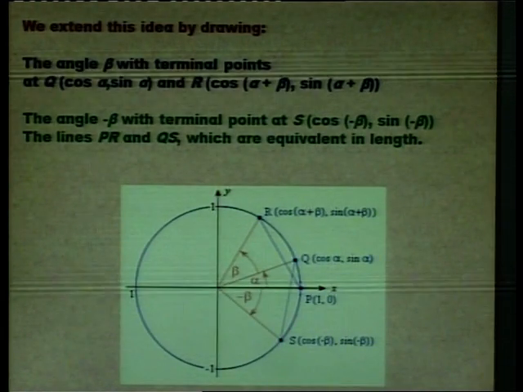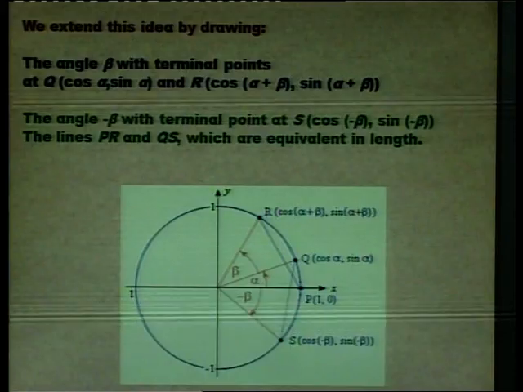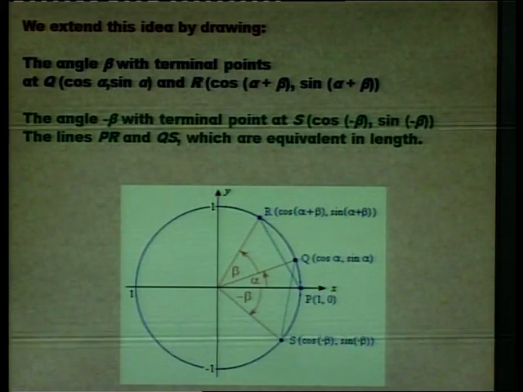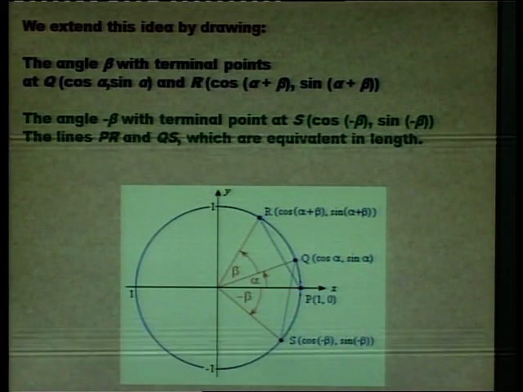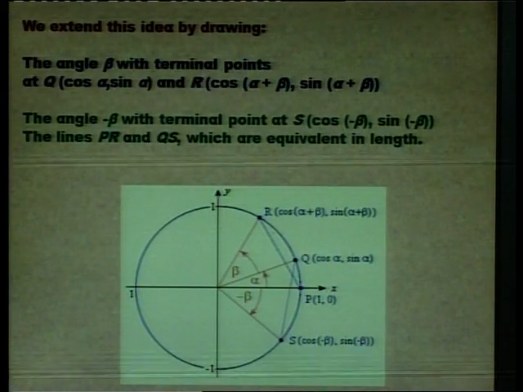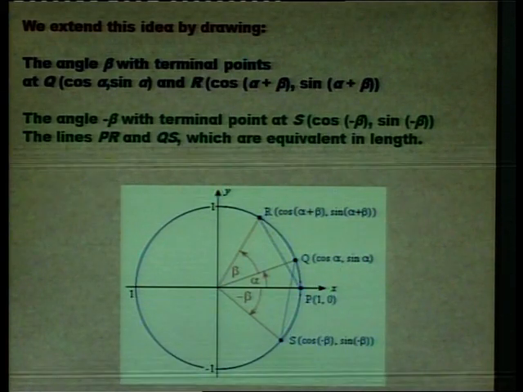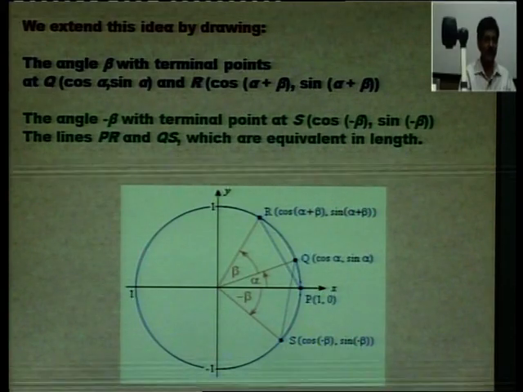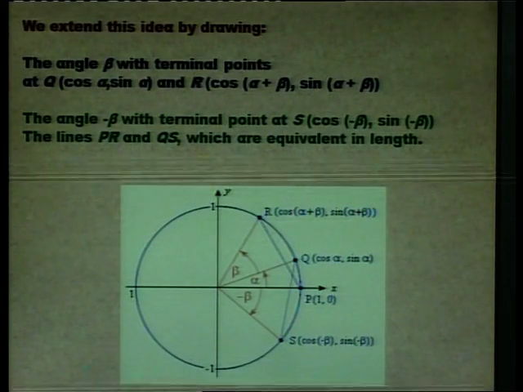Now, we extend this idea by drawing another angle, let us say beta, and the corresponding angle in the fourth quadrant, that is minus beta.